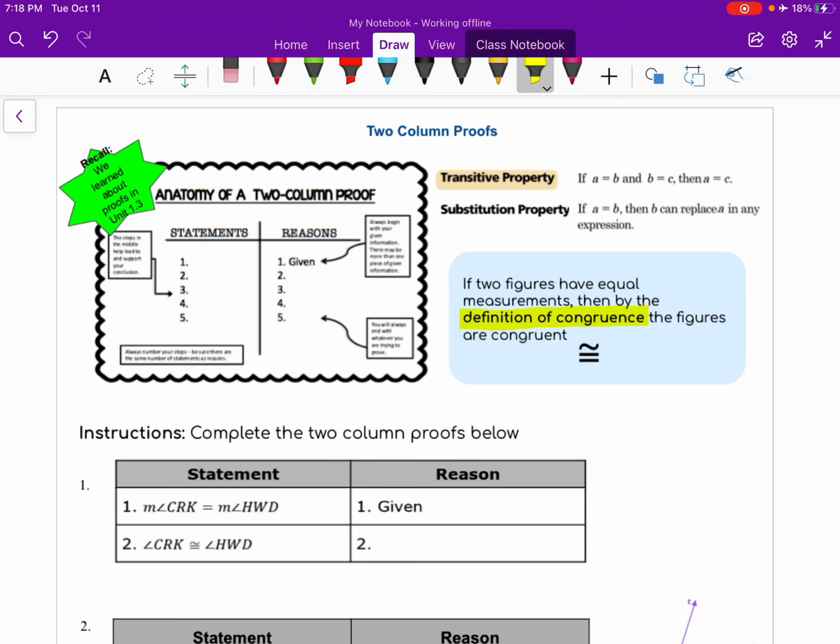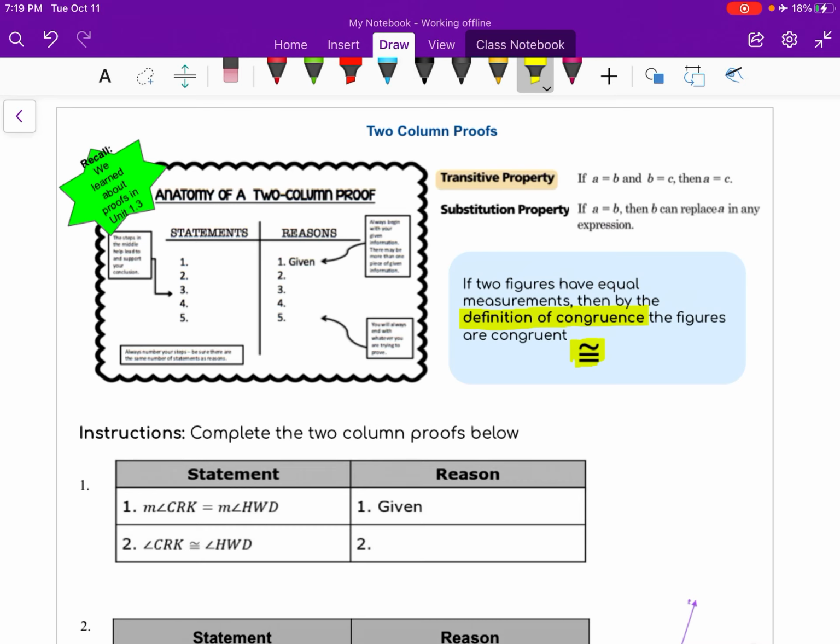And we should know by now that the word congruent is represented by this symbol, the equal sign with the little squiggly on the top. Typically, we use the definition of congruence when we're either going from equal to congruent or from congruent to equal.